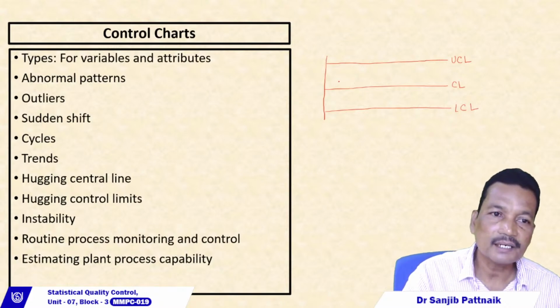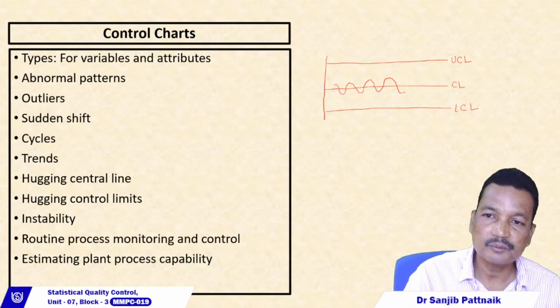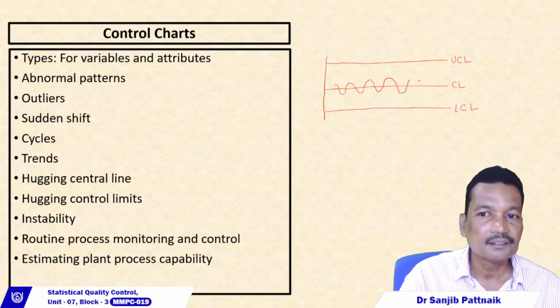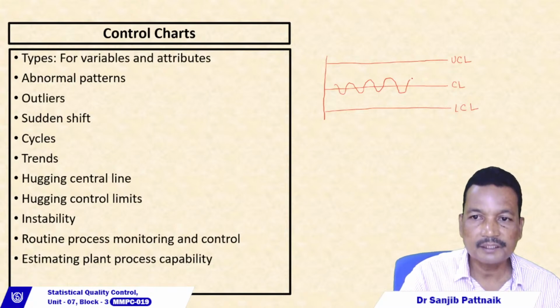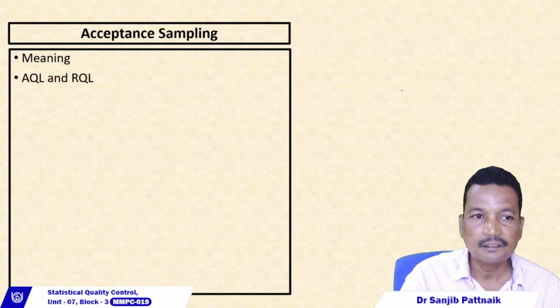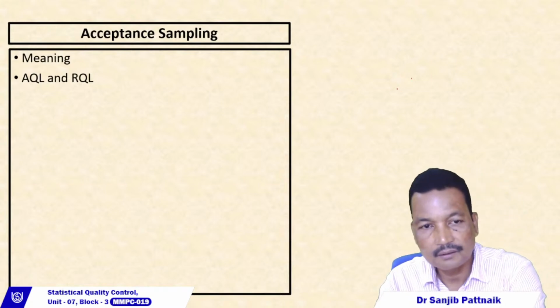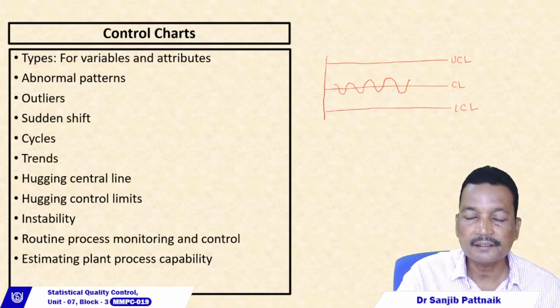Here we try to look at the various patterns. Suppose we see the production is moving like this. So this is normal. What happens? Suddenly the pattern moves like this.